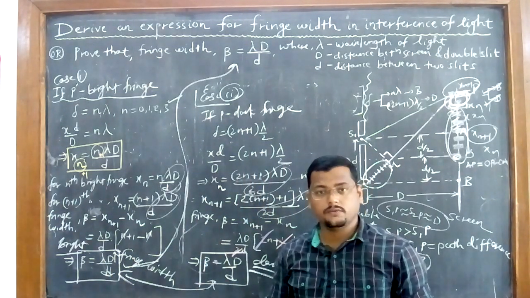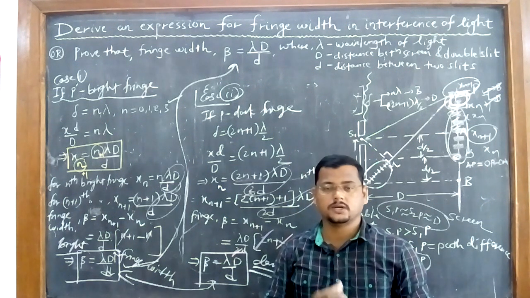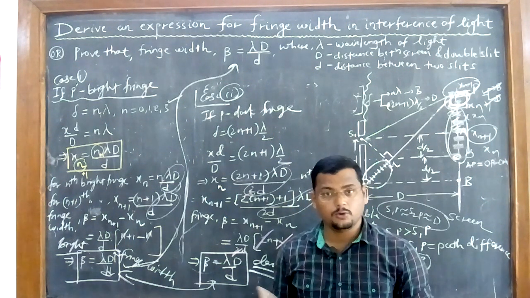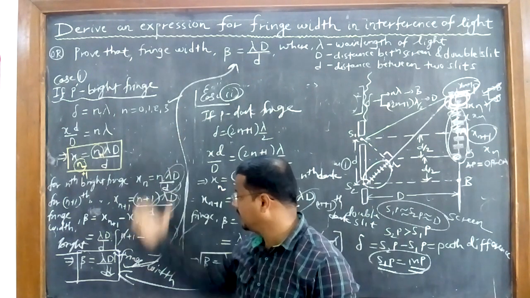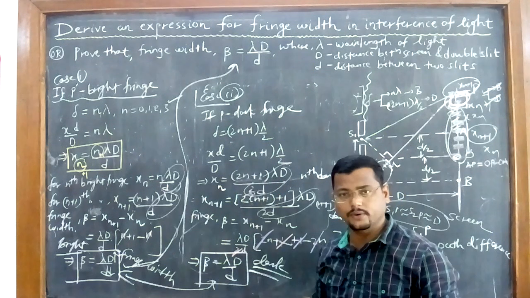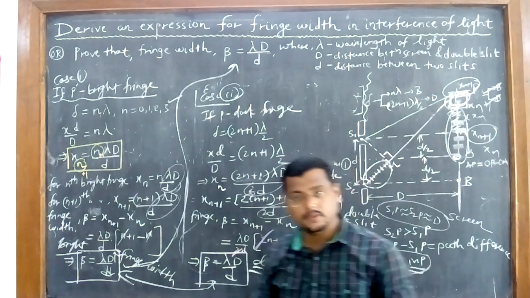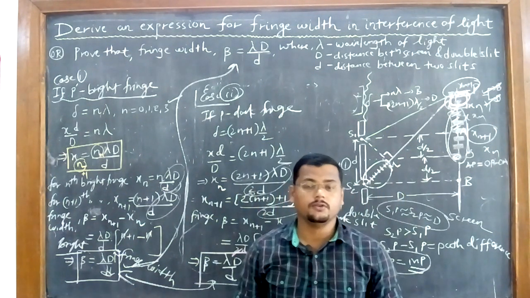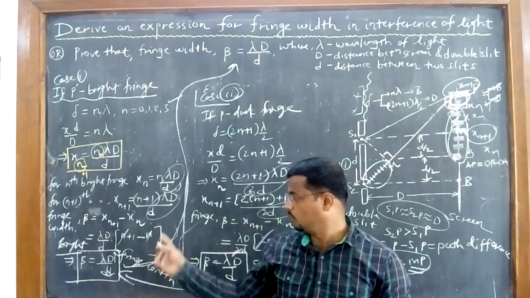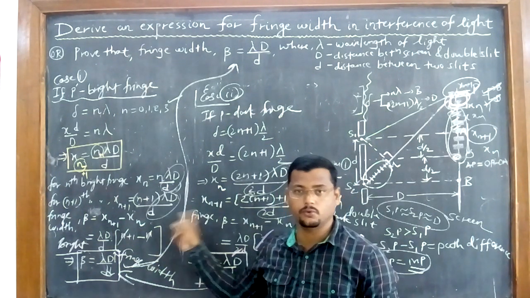Meaning in case of interference of light, the bright fringes and dark fringes are equally spaced. In your exam for a 5 marks derivation, you can prove for only the bright fringe. For the dark fringe, if you have the time, you prove it, otherwise you leave it, nobody will cut the marks. But in the exam, if they ask to prove that the fringe width is the same in case of bright fringes and dark fringes, then you have to write everything here.